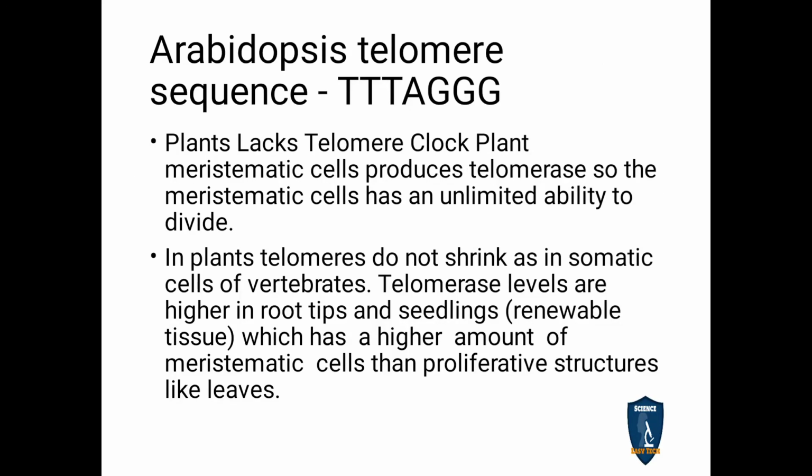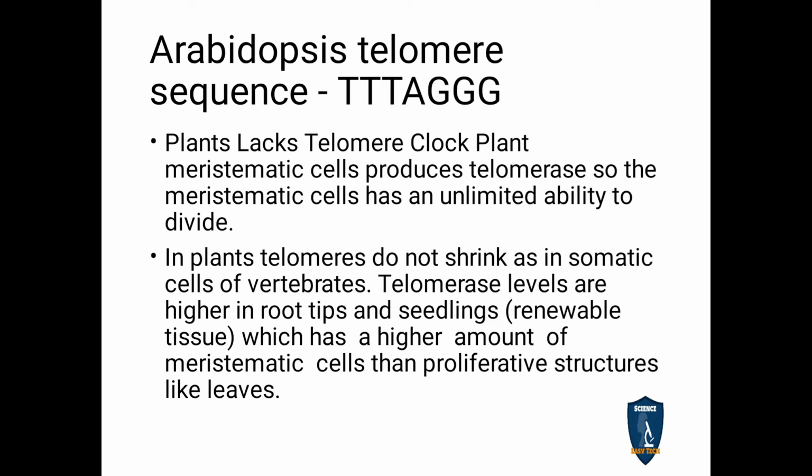And the Arabidopsis telomere sequence is TTAGGG, thymine, thymine, adenine, guanine, guanine, guanine. This is the telomere sequence. Plants lack the telomere clock; plant meristem cells produce the telomerase enzyme.